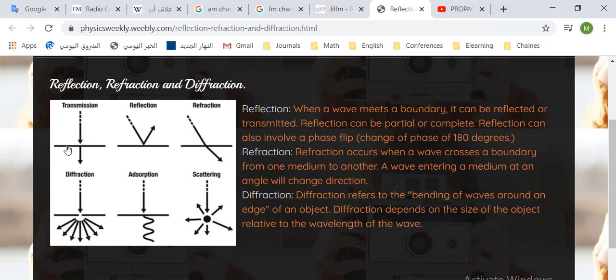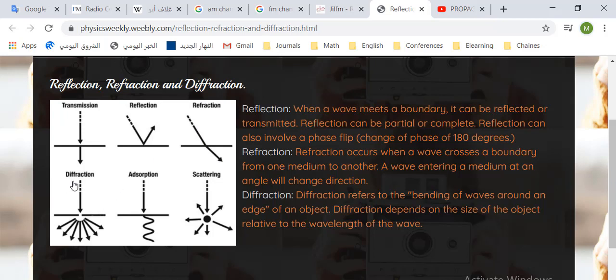If a signal passes through an object, this is a regular transmission. If it bounces back, we have a phenomenon called reflection. It means that the signal finds a boundary and it is reflected, which means it doesn't go through. We have a third type, which is called refraction, which means when a signal comes to an obstacle or an object, it goes through, but it changes angle, so the signal is bent.